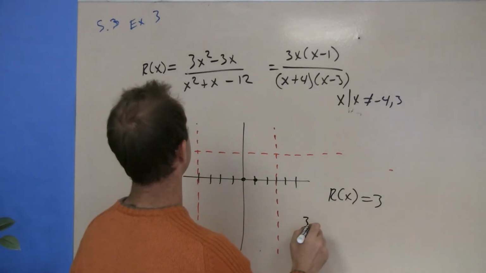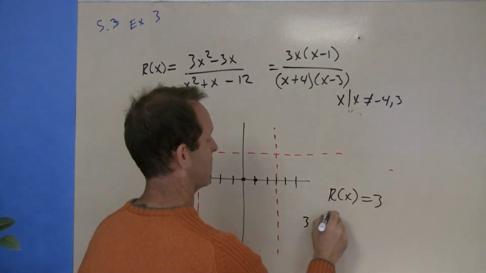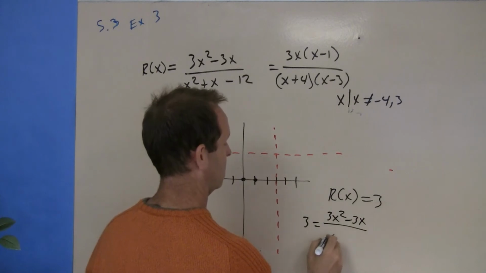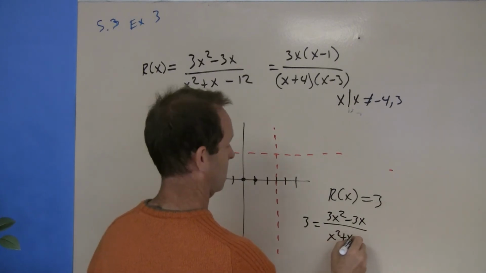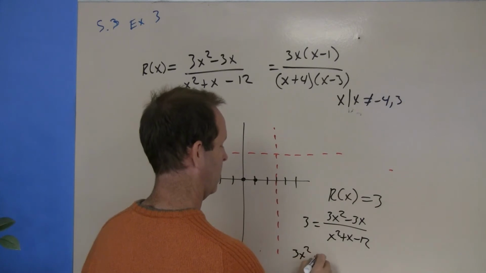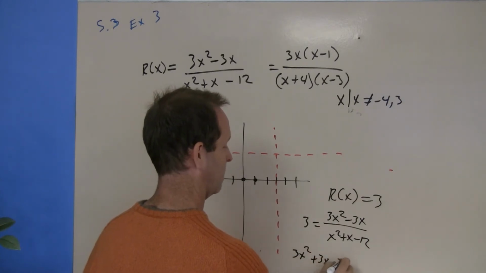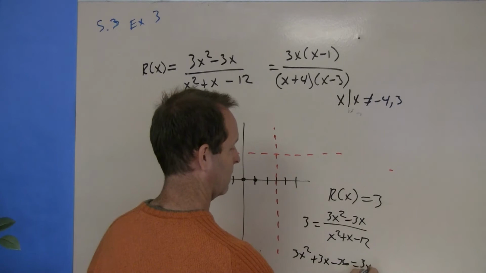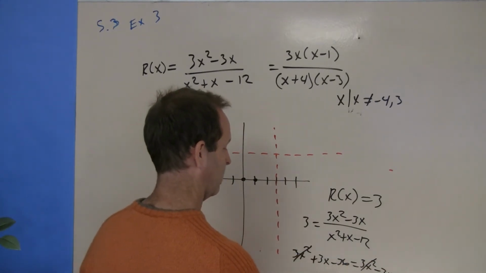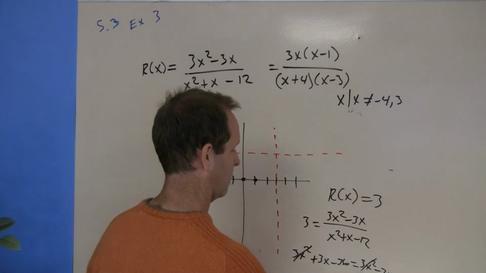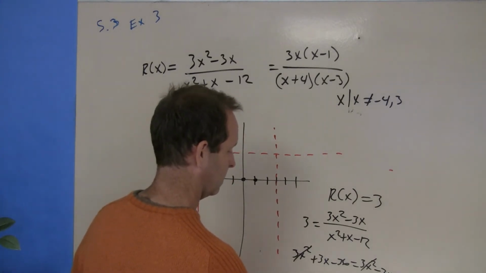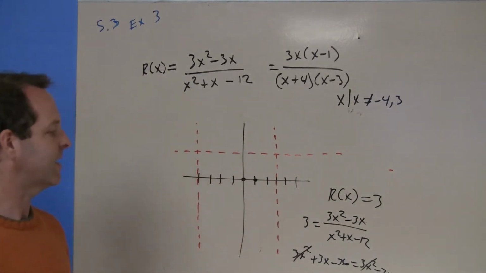So 3 equals the function, 3x squared... You guys make sure I'm not making any mistakes. I got x equals 6.